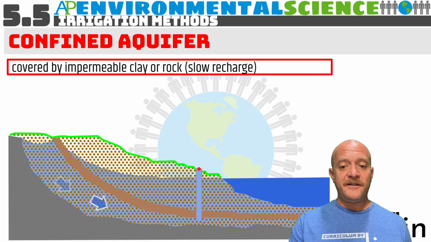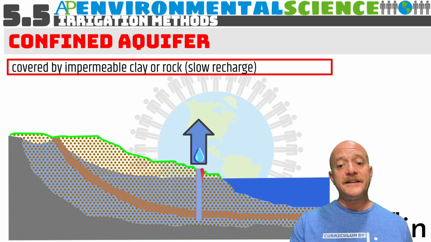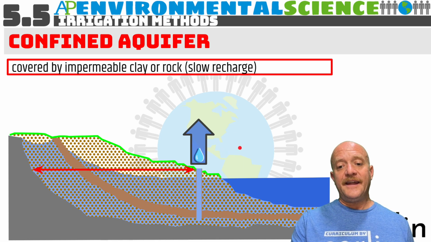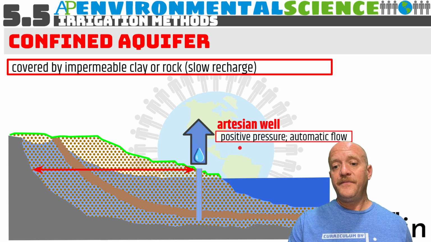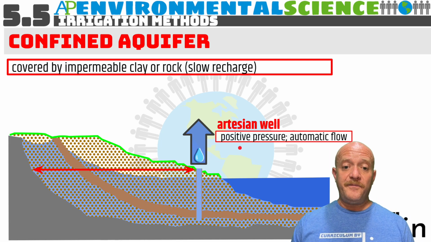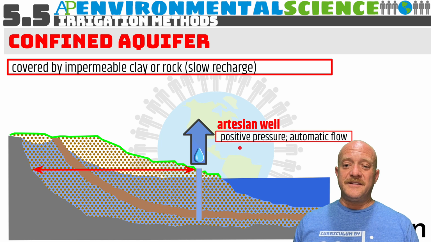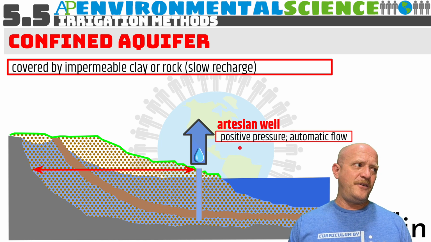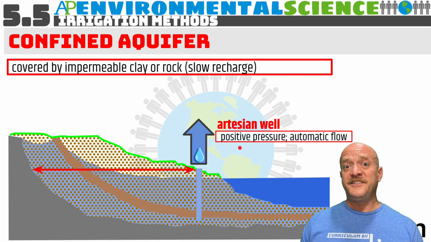There's a lot of pressure pressing down, and then as it presses down, there's only one place for this to go, and it rises up. So this is called, again, an artesian well. So you have a positive pressure, and it's an automatic flowing well. Some of the spring waters that you may have drank, I don't even know if Poland Springs, but some of them come from artesian wells.